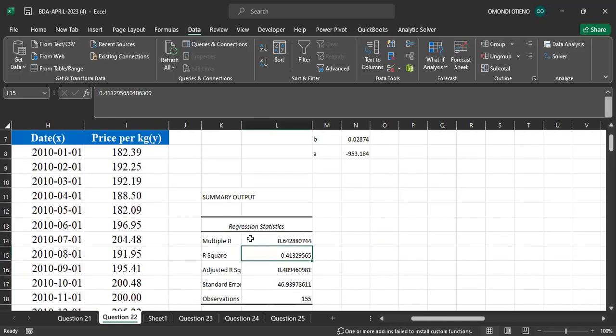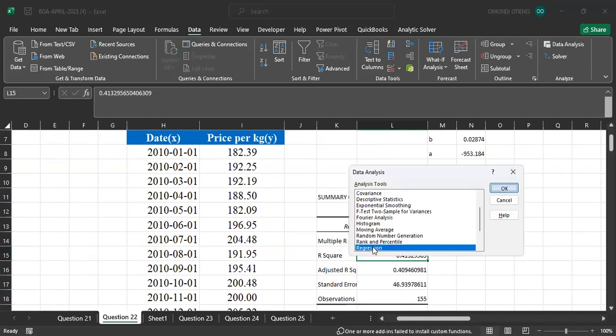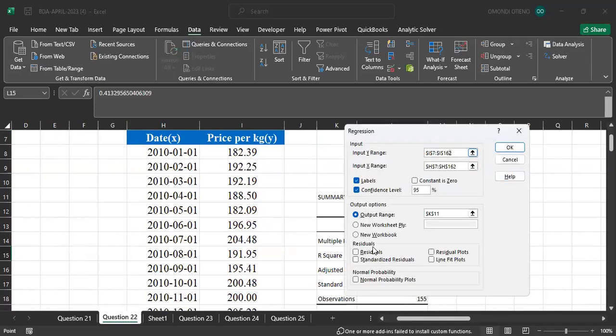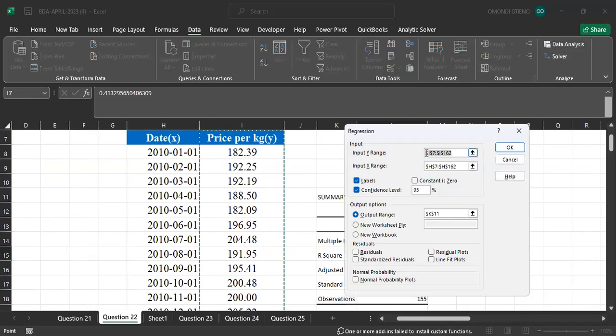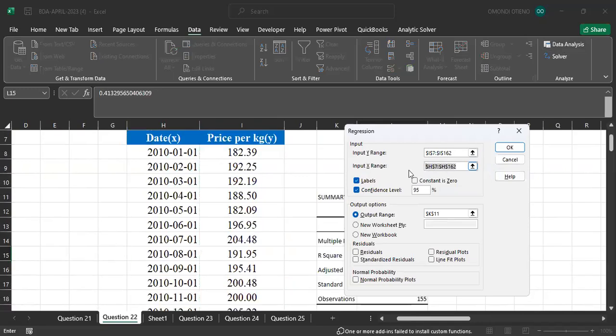Repeat on regression. Okay. Now, I want us to repeat on regression. You come here, go to data analysis, regression, confirm. I want to select the Y input. This is the Y input. I want to select X input.